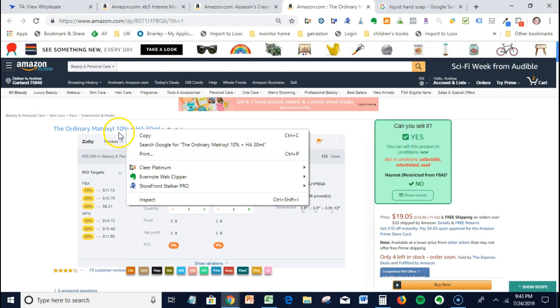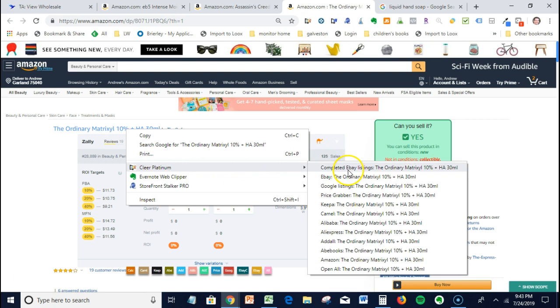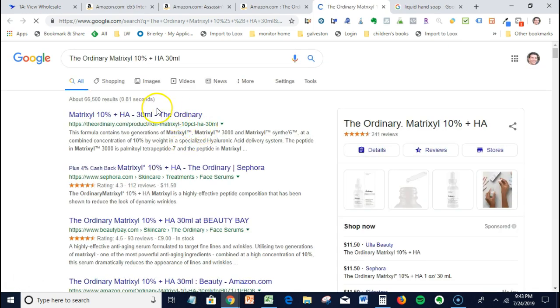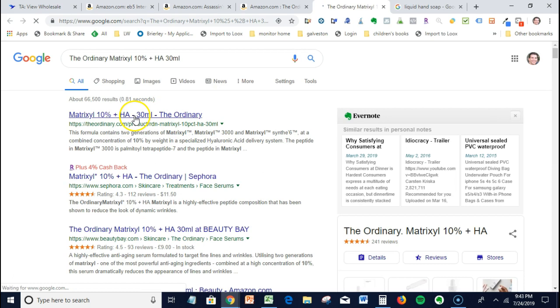Okay, so I use Clear Platinum, which will let you search shopping, but let's just search Google for that. If you right click, usually I think Google automatically does that. Okay, so The Ordinary is a company that is selling this.